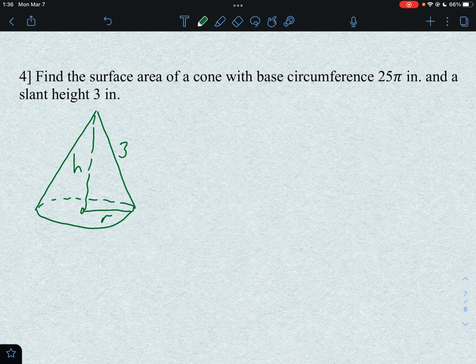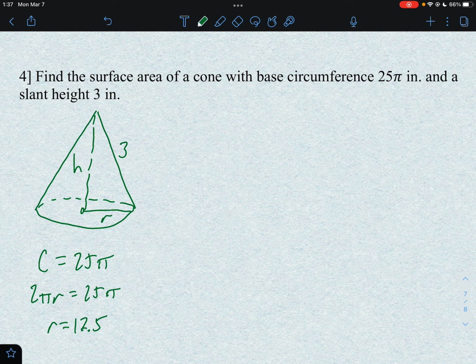It says base circumference of 25 pi. So circumference equals 25 pi. Remember, our circumference formula is 2 pi r. Divide by 2 pi, we should get r equals 12.5.